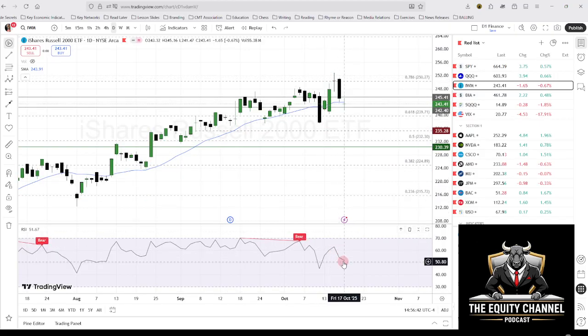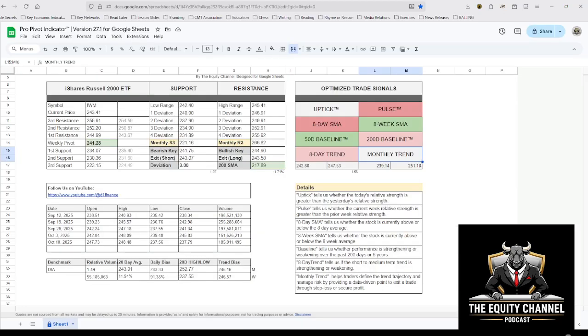I'm still above 50 on the RSI. So there's still some strength in this upward trend that we've been experiencing. So what would be great is if I would close below this point while I approach these 8-day lows, while I approach these monthly lows. That would be great. Okay.